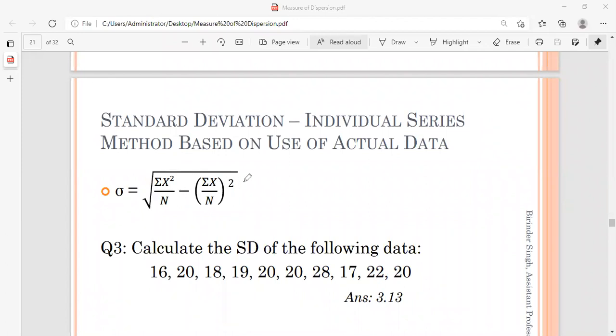So this is the direct formula. We can make use of the direct raw data points to compute the standard deviation. Just look at here, these are the raw data set and data points.